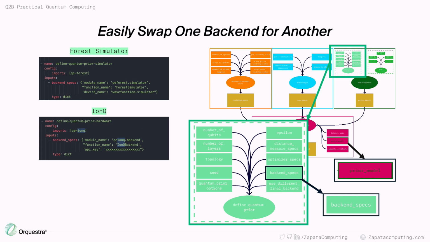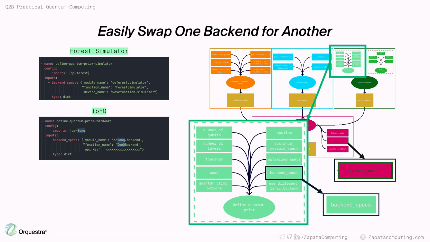Now, another possibility that you have in Orquestra is swapping from one backend to another. What you see here is, for example, that just by changing 2 lines of code, you can swap from doing your runs on the Forest simulator, that's the one that we chose for simulating the circuits, to an IonQ device.